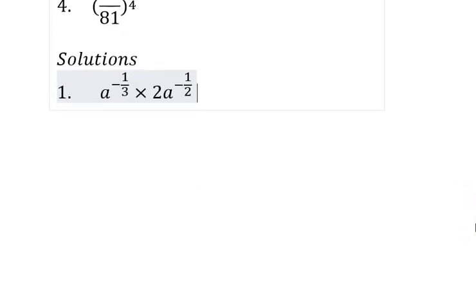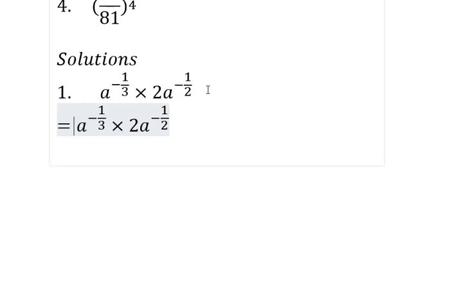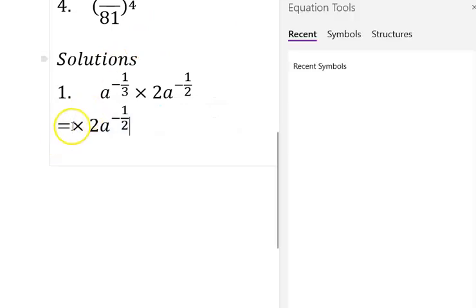Now, we've been able to explain in our last class that if a base is carrying a negative power, it simply means it is 1 over. That is what it means, 1 over. So let's get the template for that and represent this with that.